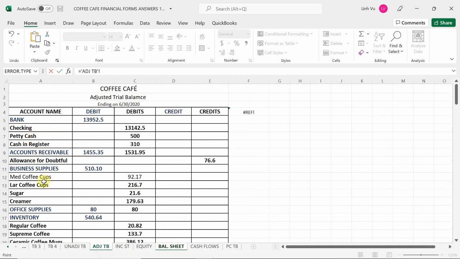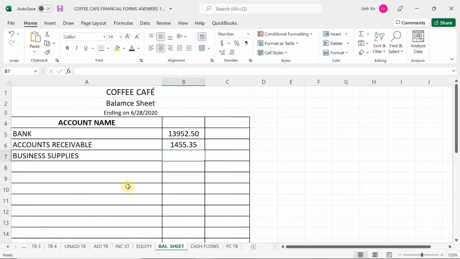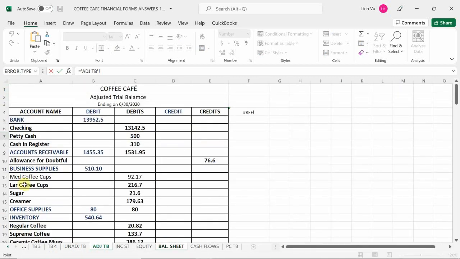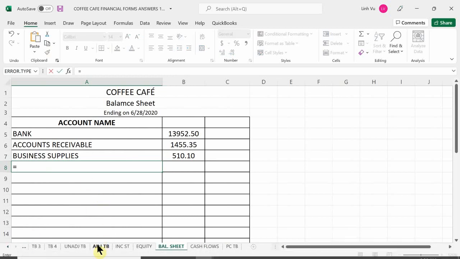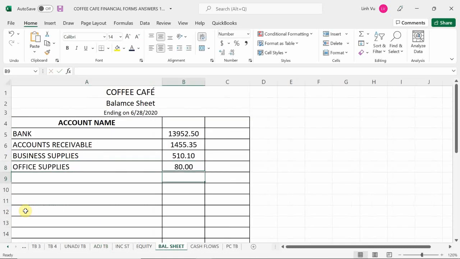Okay. Next account we have is our business supplies. Okay, which is currently at $510. Okay. Next account I have on the list is office supplies for 80.